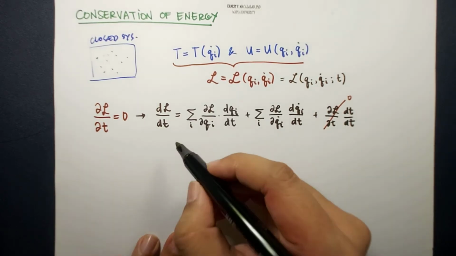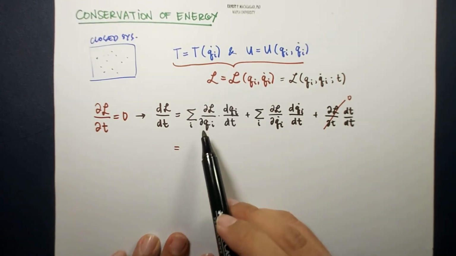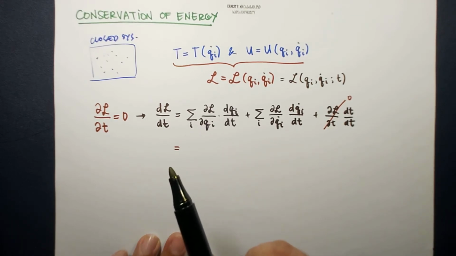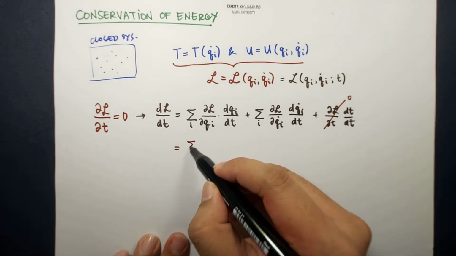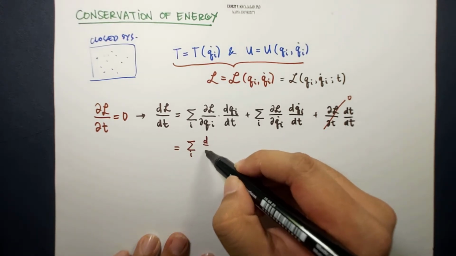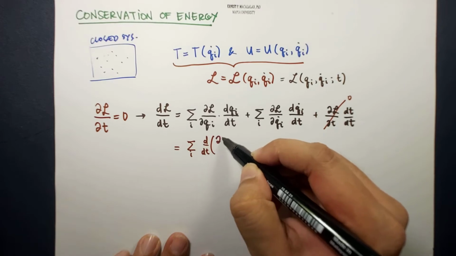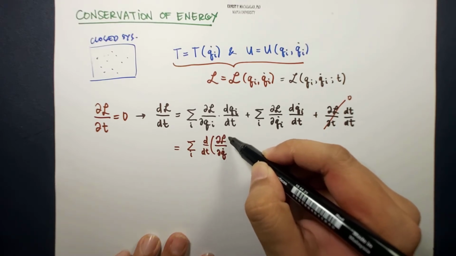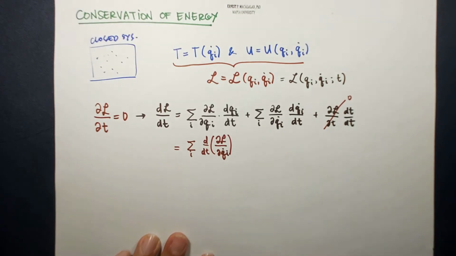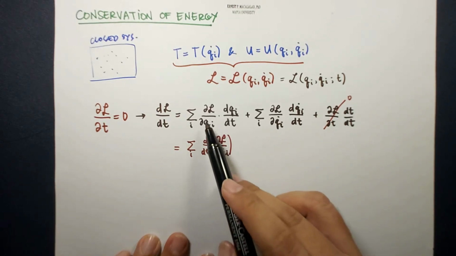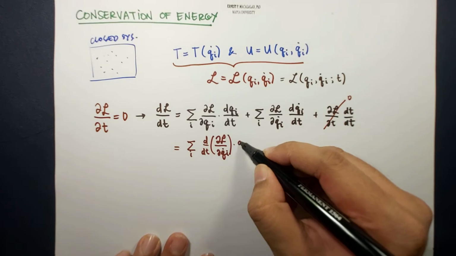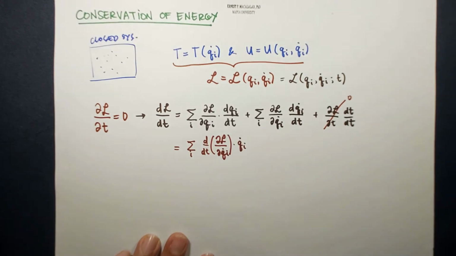We know for a fact that the derivative of the Lagrangian with respect to position is actually the time derivative of the Lagrangian with respect to velocity. This is from the Euler-Lagrange equation. This is actually equal to this times qi dot.